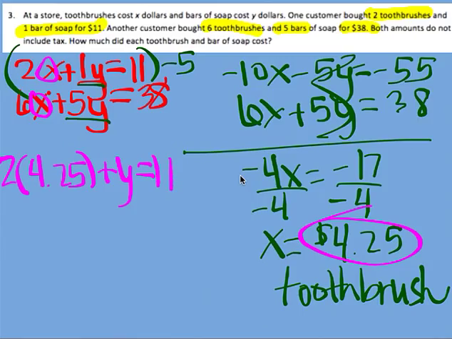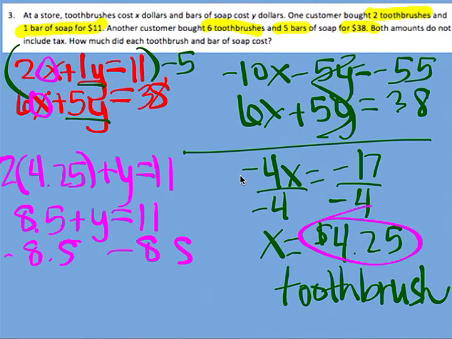Okay, so 2 times 4.25, well, that's going to give us 8.5. Plus y is equal to 11. Then I'm going to subtract 8.5 from both sides, and I end up getting y is equal to 2.50. So that's $2.50 for a bar of soap.